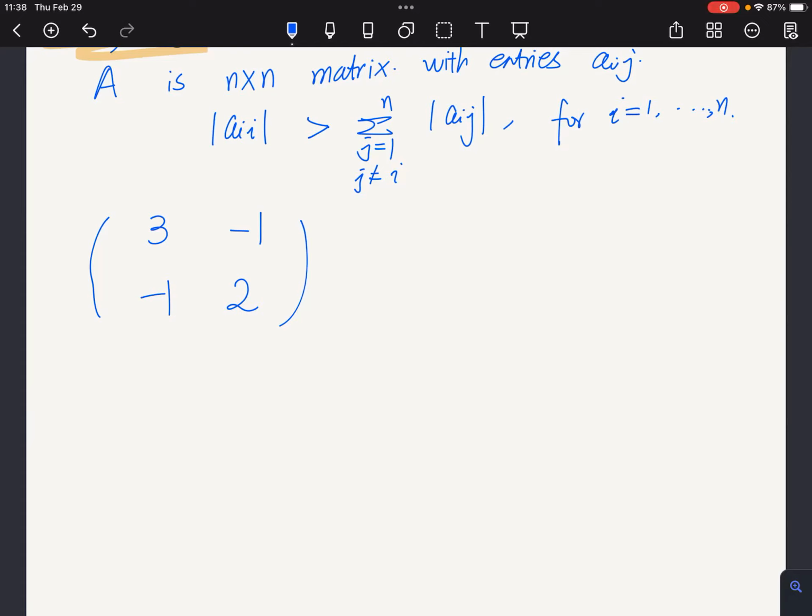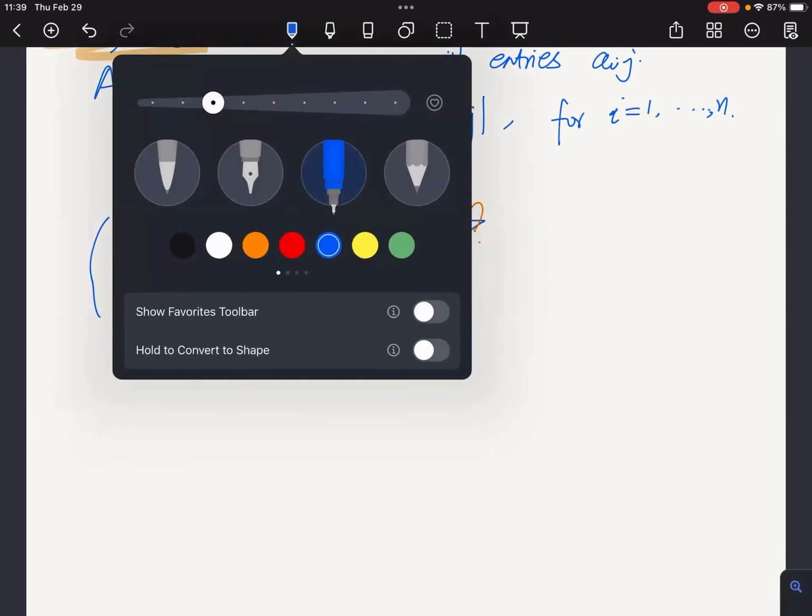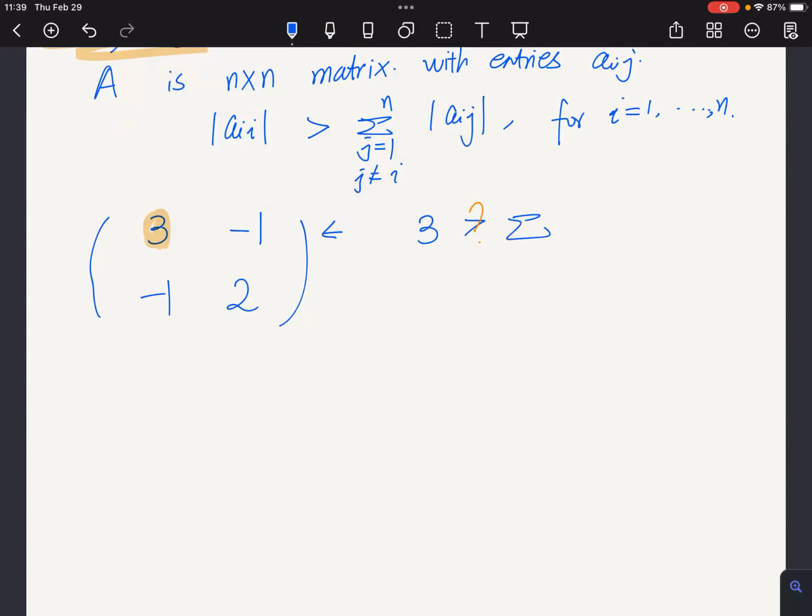You check it row by row. First, the first row: the diagonal element here is 3, right? Is it bigger than the sum of the rest of the elements on the same row, excluding this one?